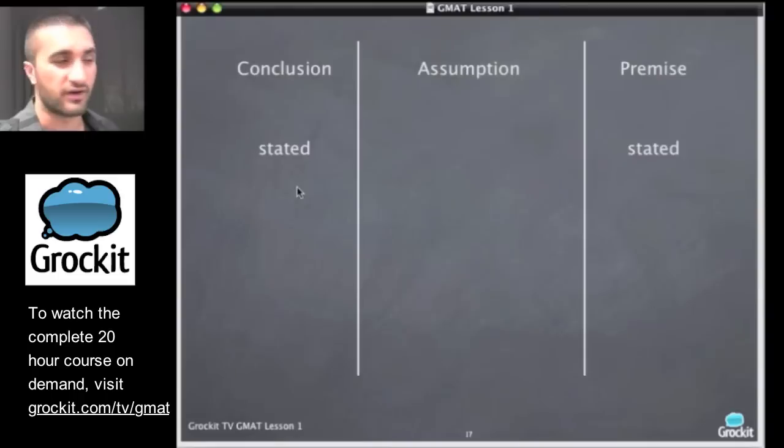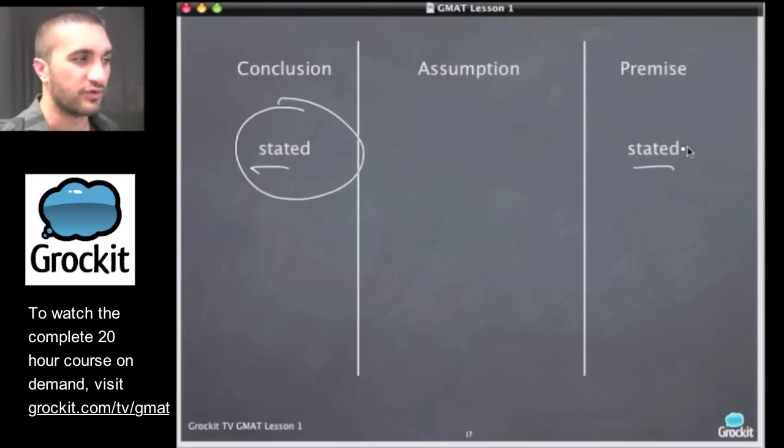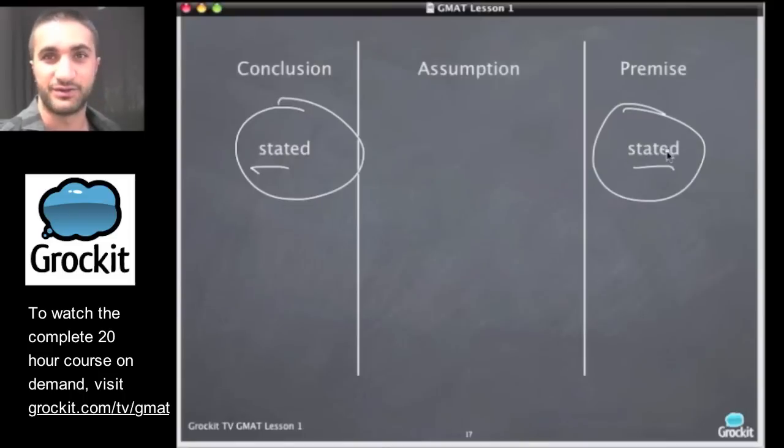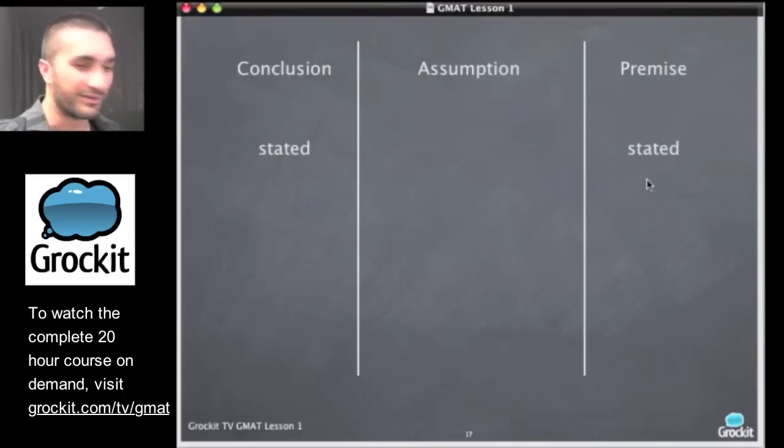Conclusions and premises are always stated in the actual paragraph. I mean, you can point your finger at them, you can circle them like we'll do in class here. You can't do that on the GMAT, unfortunately, yet. Maybe one day you will be able to. But you can paraphrase them on your pad, and we're also going to do that here in class so you can get a sense of how to actually approach it when you're taking the test.